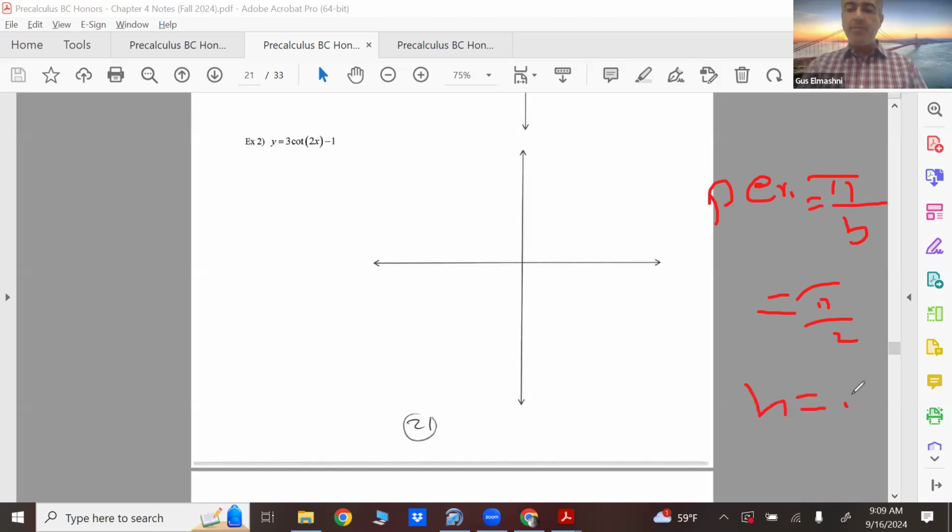H is 0. So when you look at the shifts, you have to look at the vertical asymptote. You have to shift that first, because that's where it's at, x equals 0. You don't shift the middle because it's going to be off. That's just going to change by the horizontal stretch or the period change. So all you do is switch, but we're not moving that anyway. The period is pi over 2.